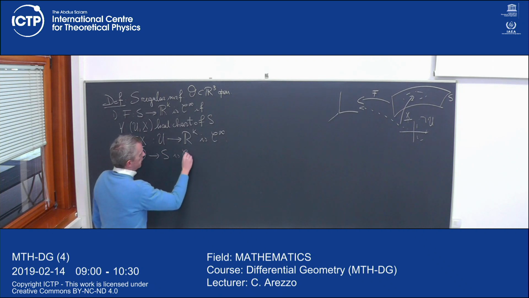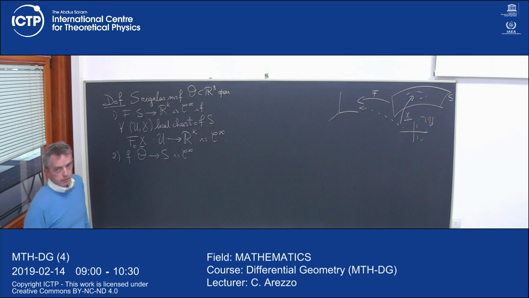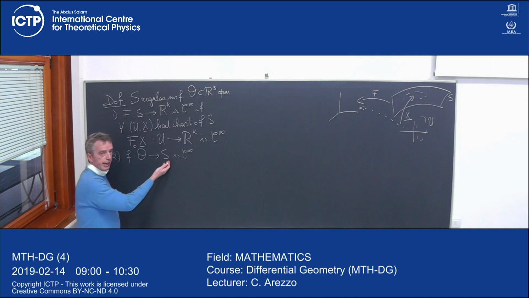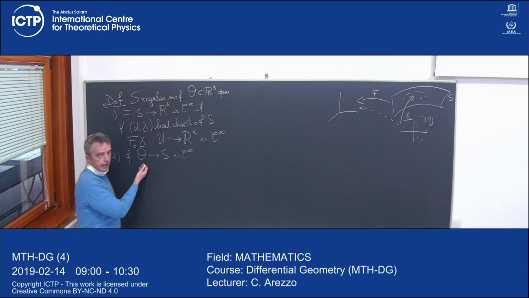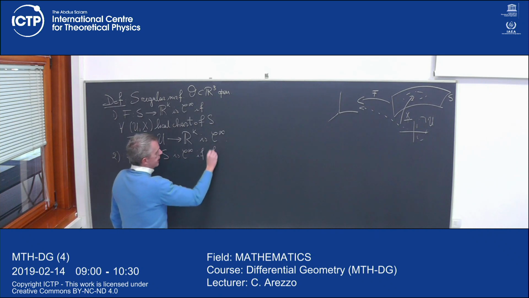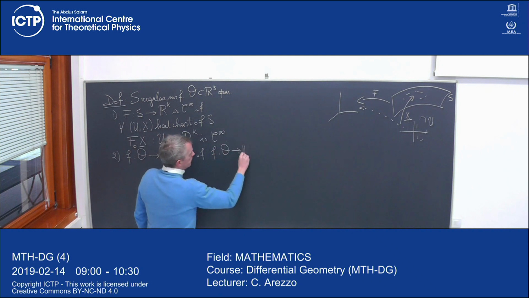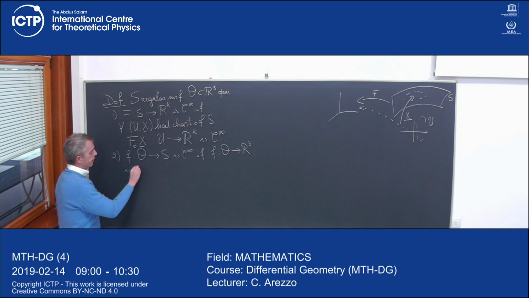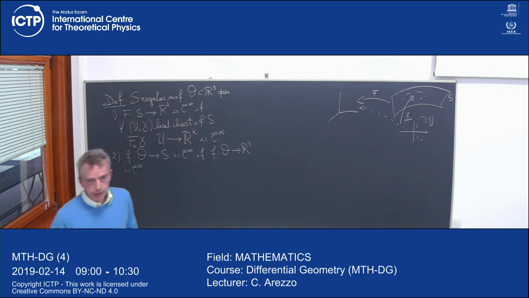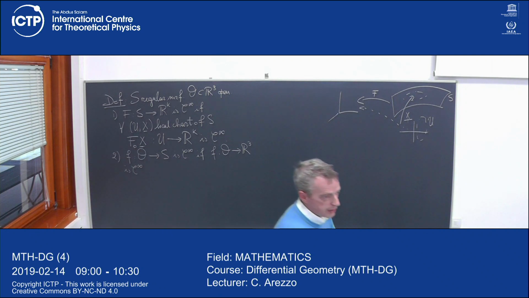Well, this is easier, because we forget that the values are in S. F is actually a function from a domain of Rk, and I could have put any dimensional domain, but it takes values in R3. S is a subset of R3. F is smooth if the same F, now thought of as from O to R3, is smooth. So this is just forgetting the fact that the image is inside a specific subset of R3.